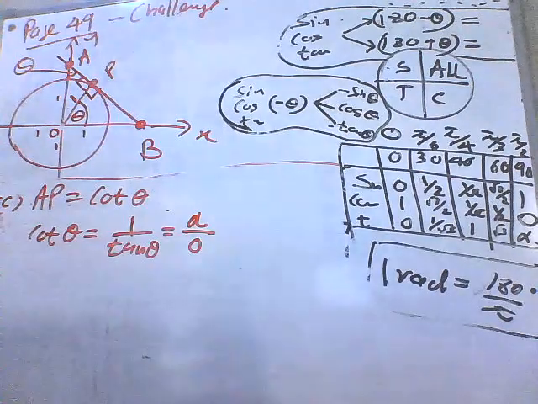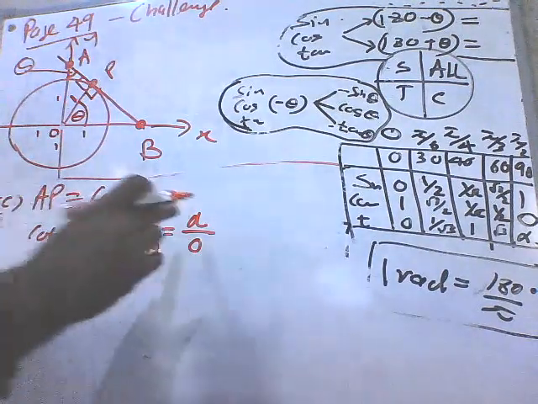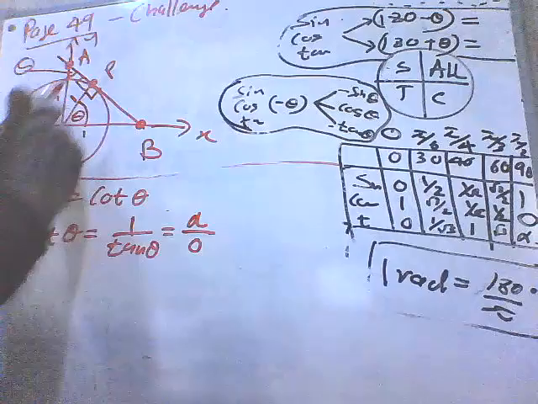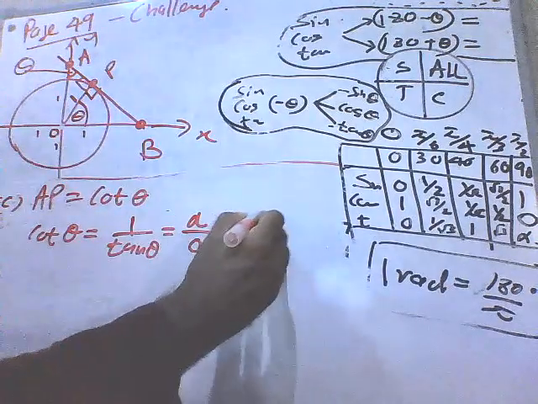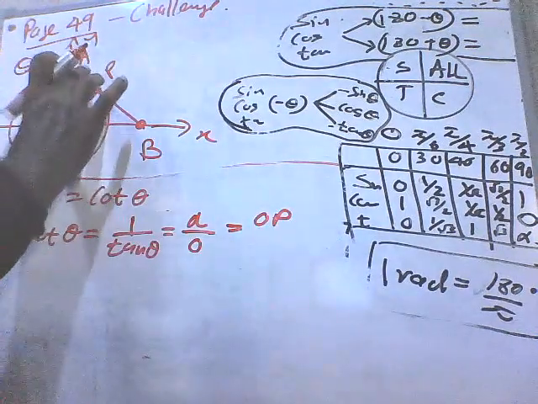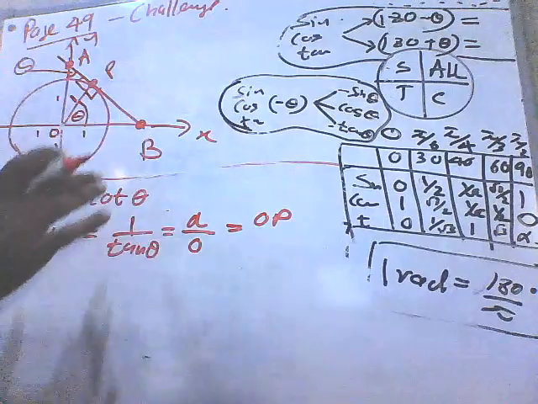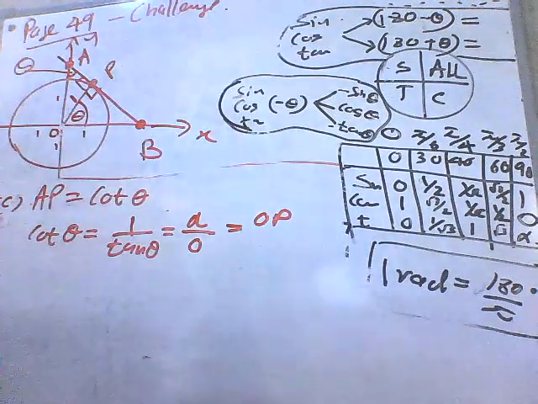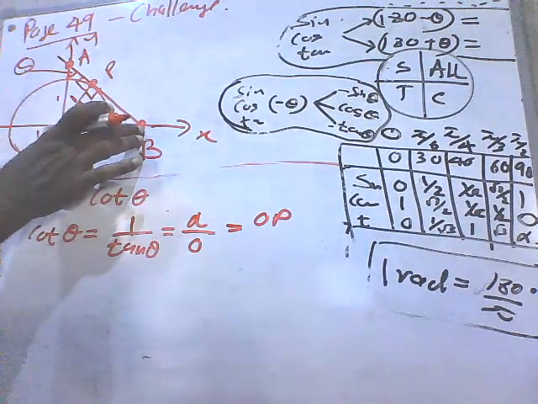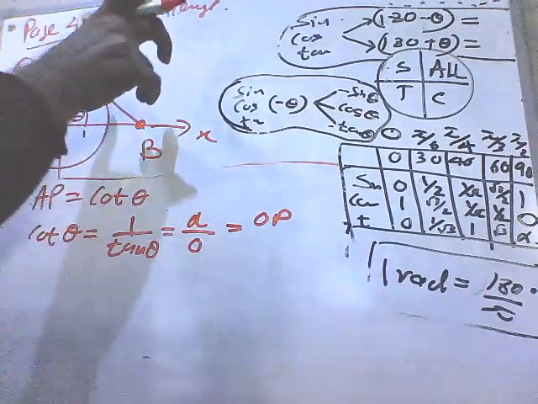That is actually cot theta. Then what is going to be the adjacent of this one, OP, and what is going to be the, not hypotenuse, OP and BP.